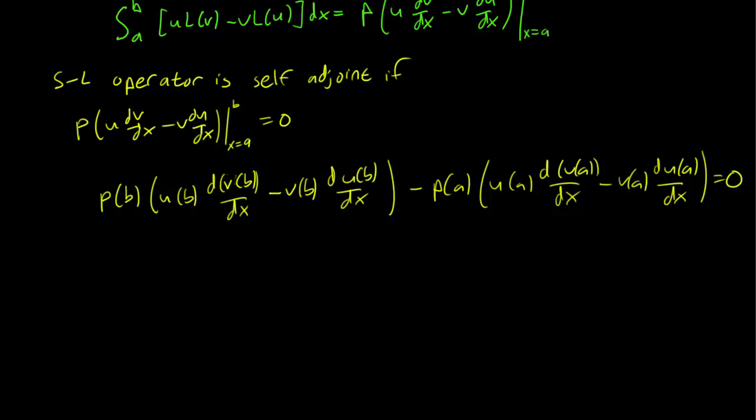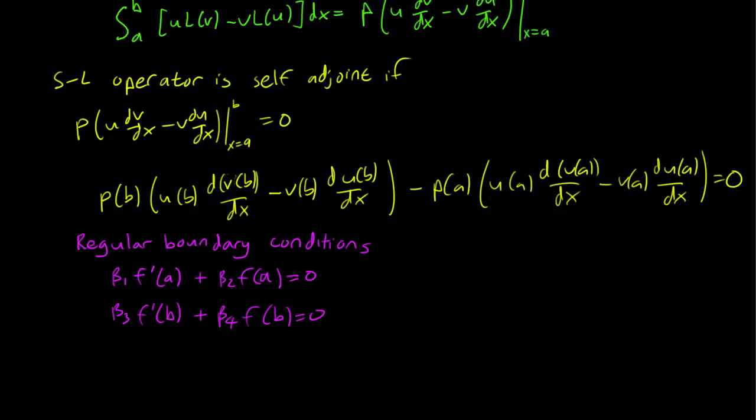Now this seems to be a very complicated condition, but luckily we have some other information. Remember that our Sturm-Liouville problem came with some boundary conditions, and we said that a Sturm-Liouville problem was regular if it obeyed some properties, and among them that its boundary conditions could be written in this form: beta 1 f prime plus beta 2 f, beta 3 f prime plus beta 4 f for the two ends, where beta 1, 2, 3, and 4 are all real numbers.